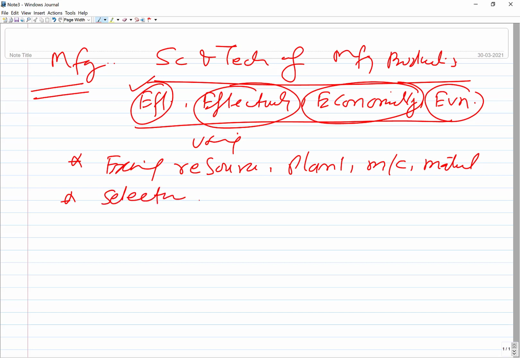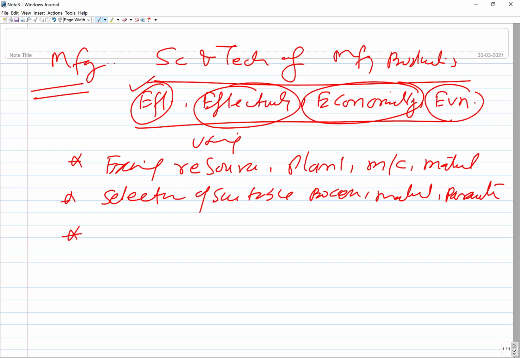Since there is a wide variety of options available for making the same goods and products, the selection of suitable processes, materials, and the parameters, where, what, and how much is to be used, so that the process is efficient, effective, economical and environment friendly.